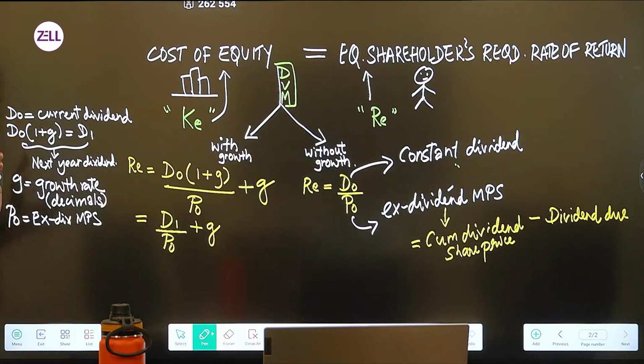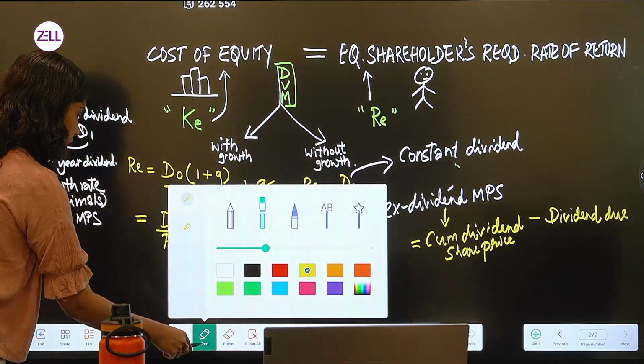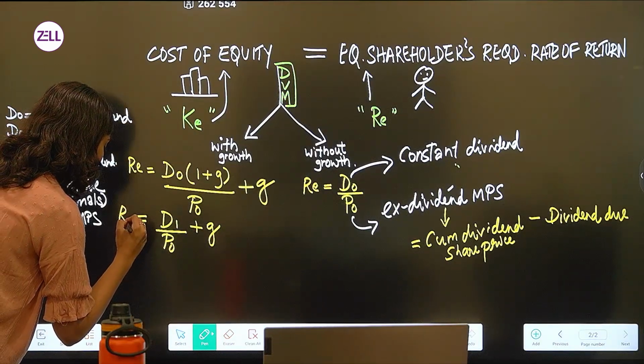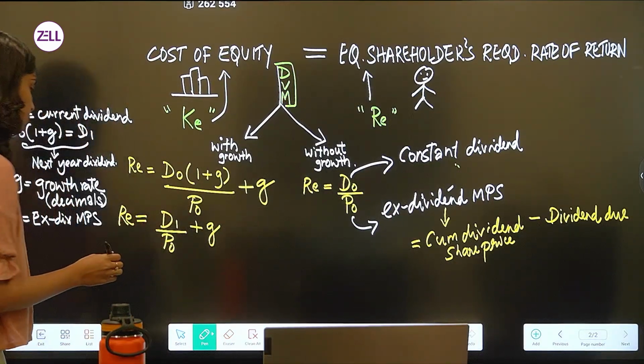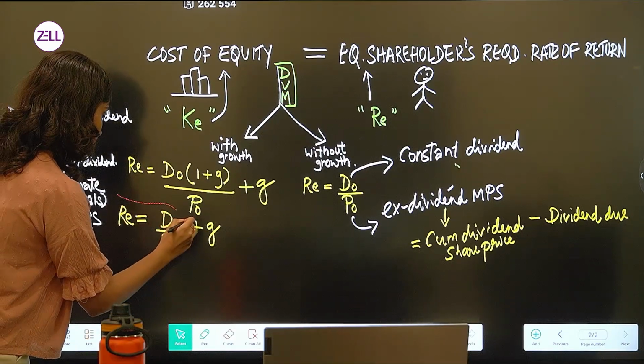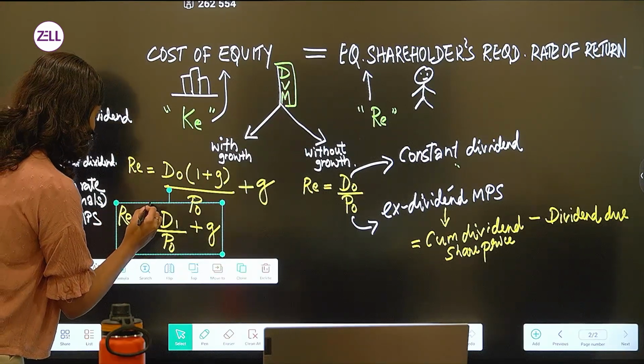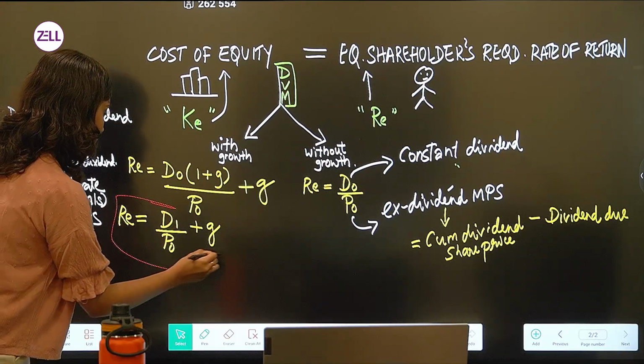Now, we know what the formula is. So, we can say that RE is equal to D1 divided by P0 plus G.